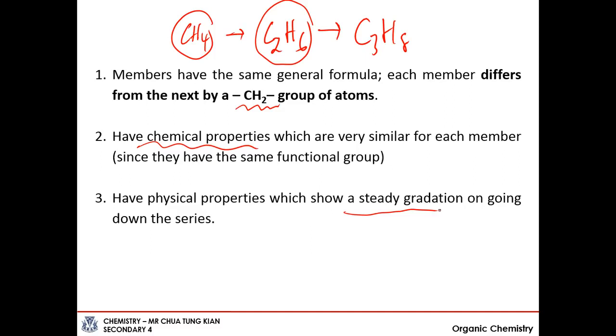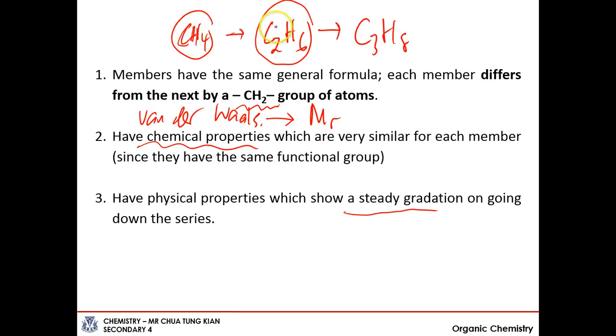Earlier in the previous slide, we mentioned that as the number of carbon atoms increases, the physical property changes slightly. So if you recall your chemical bonding topic, CH4, the predominant intermolecular force is van der Waals forces. So the strength of the van der Waals forces depends on the Mr of the molecule.